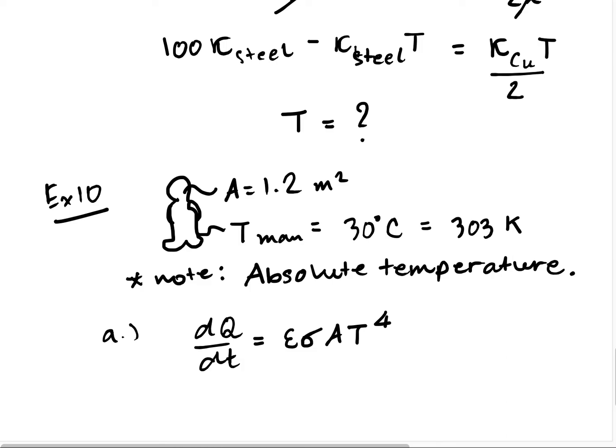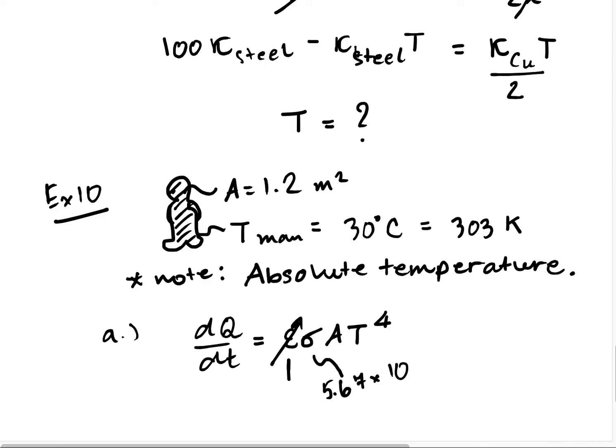If we suppose that this man is a black body, so oh no, it's not actually black. But if it is approximately a black body, we have the emissivity of 1, and the sigma here is the Stefan-Boltzmann constant.